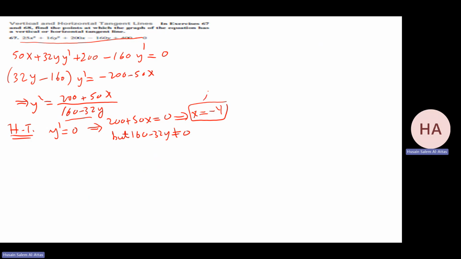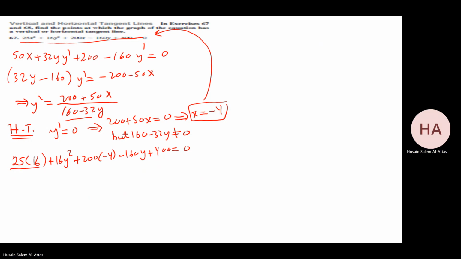Plug it into the equation. You get what? 25 times 16 plus 16y squared, and 200 times minus 4, minus 160y plus 400 equals 0. 25 times 16 is 400, and 200 times minus 4 is minus 800, so this cancels.